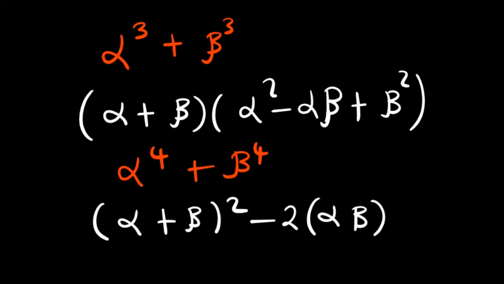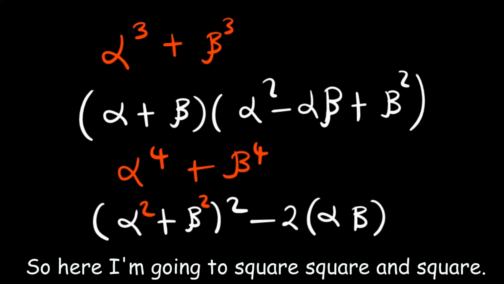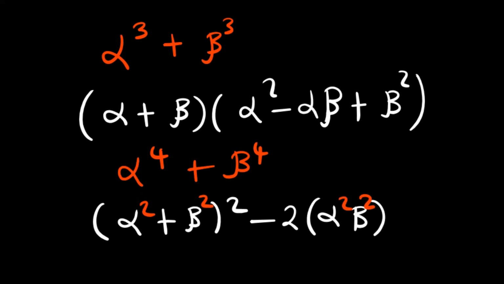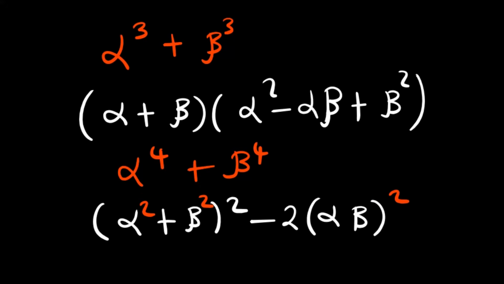Now because it's to the power 4, you are going to square everything. Wherever there is alpha and beta, square. So here I'm going to square, square, square, and square. So for the last one, because both of them are squared, I can put the square outside. Okay, so basically that is for the fourth one.